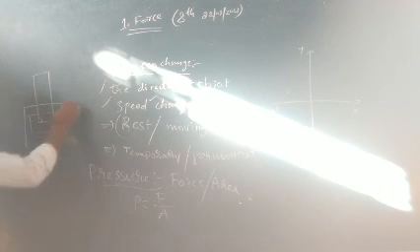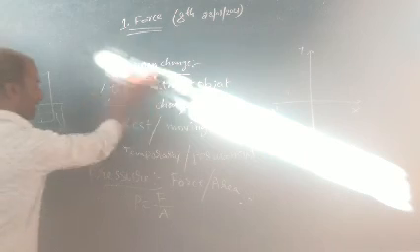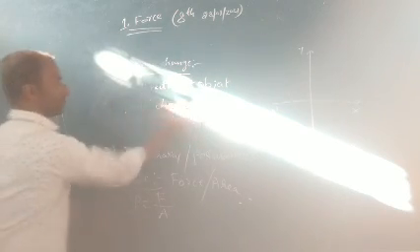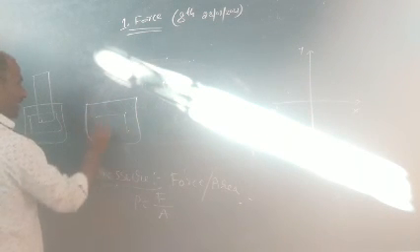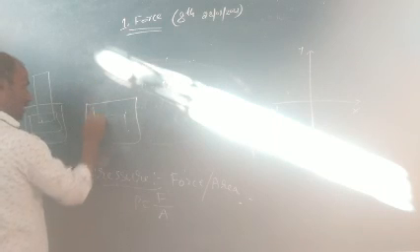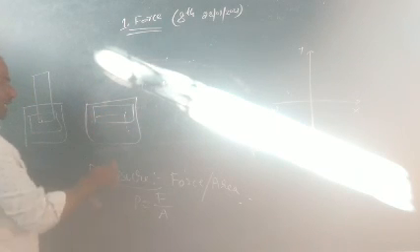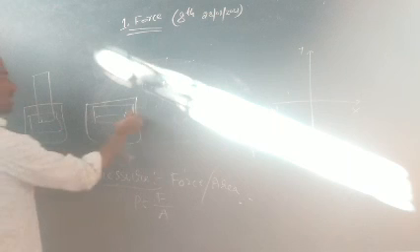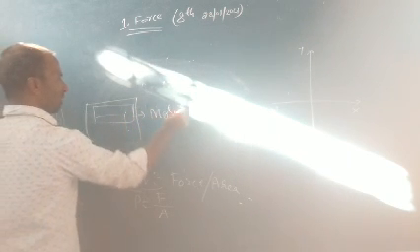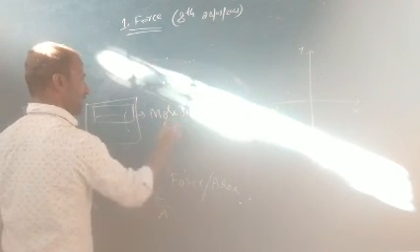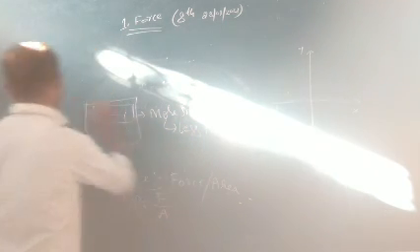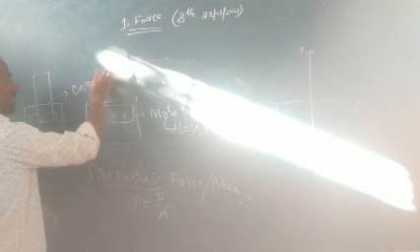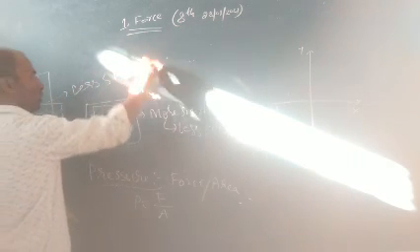In another tray, if you take the brick in a horizontal direction, there is more surface area, so less pressure. More surface area leads to less pressure, and less surface area leads to more pressure.